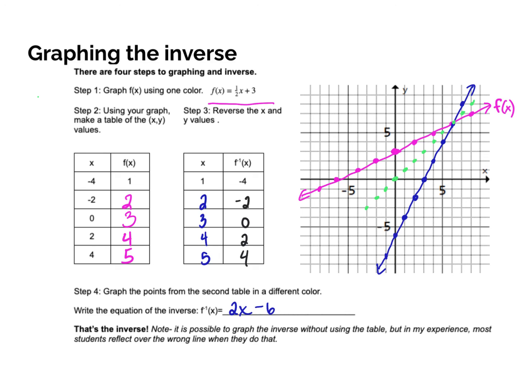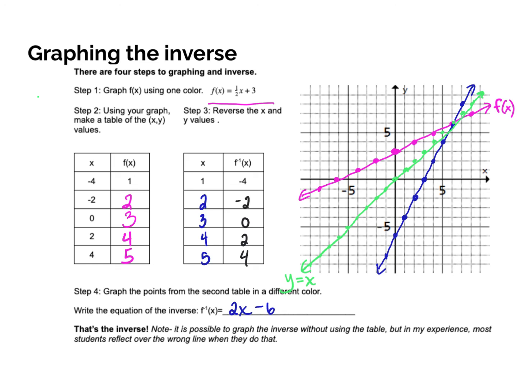So that line going diagonally through the middle, that's your y equals x line. And your equation, your inverse and its original should always be reflected over that line.